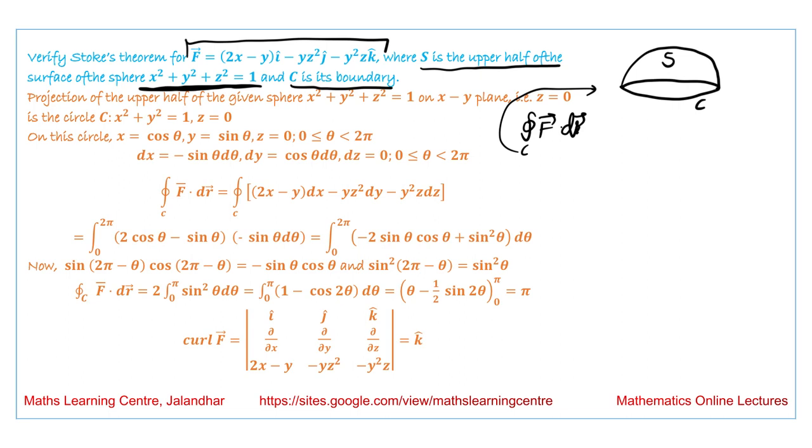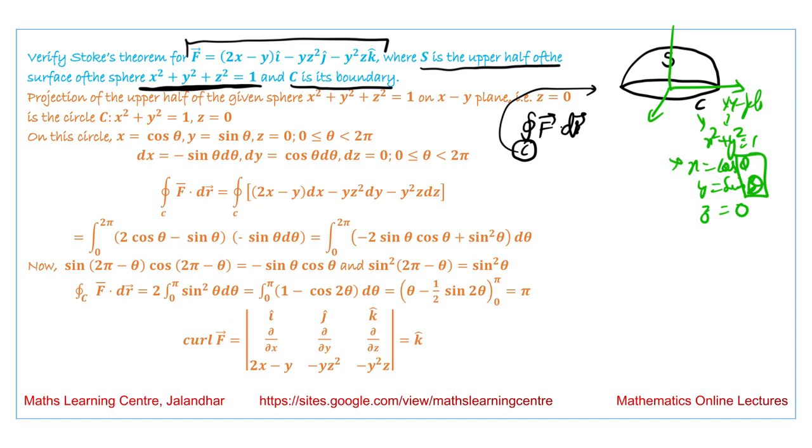The curve C lies in the xy plane, and the equation of this curve is x square plus y square is equal to 1. If we change it to the parametric form, we get x is equal to cos theta, y is equal to sin theta, z is equal to 0, and theta varies from 0 to 2 pi.